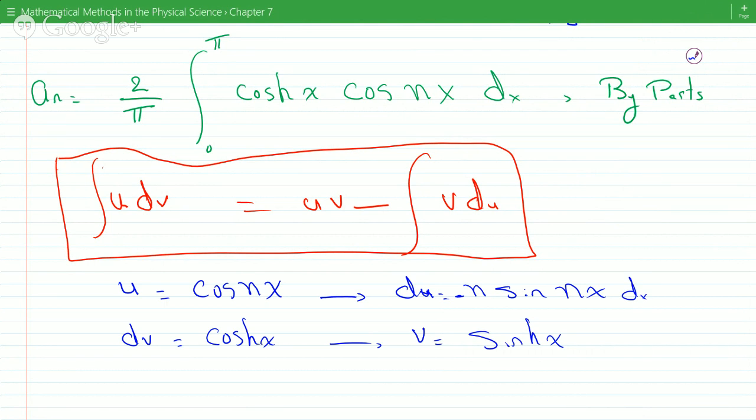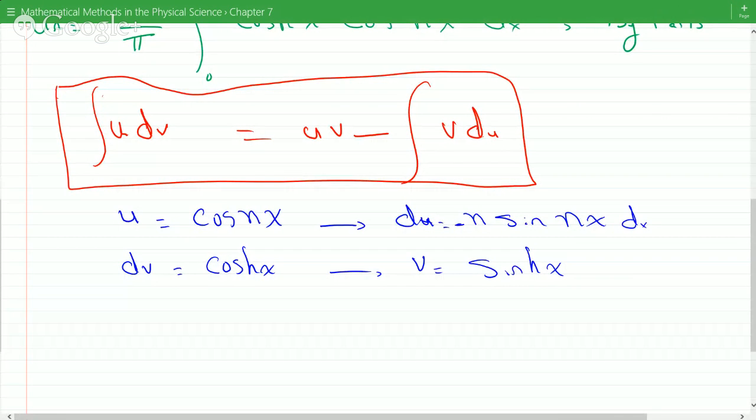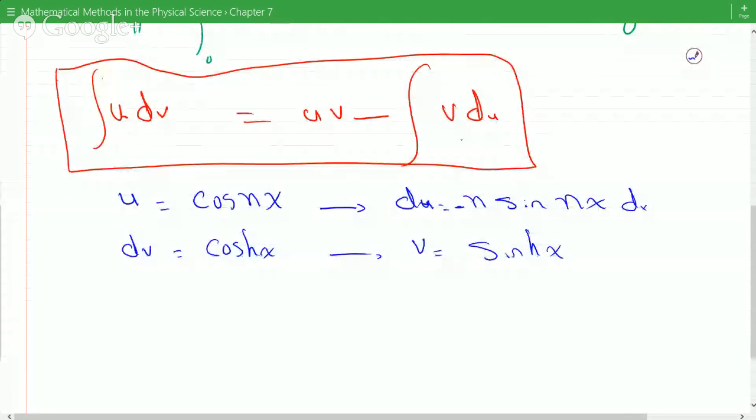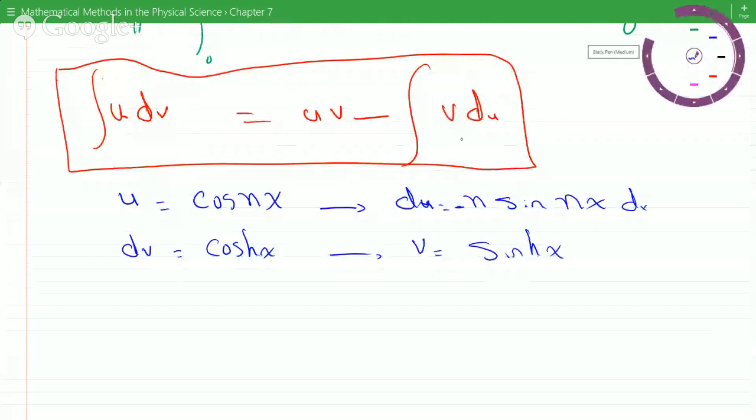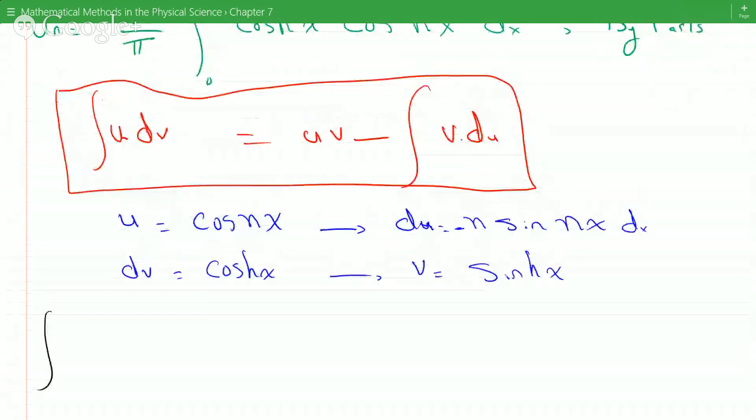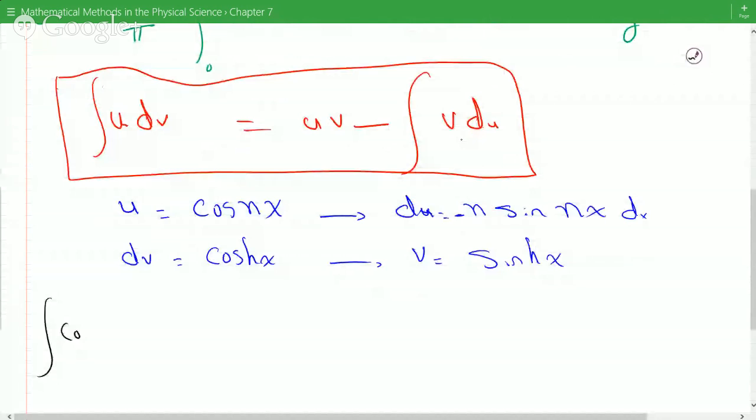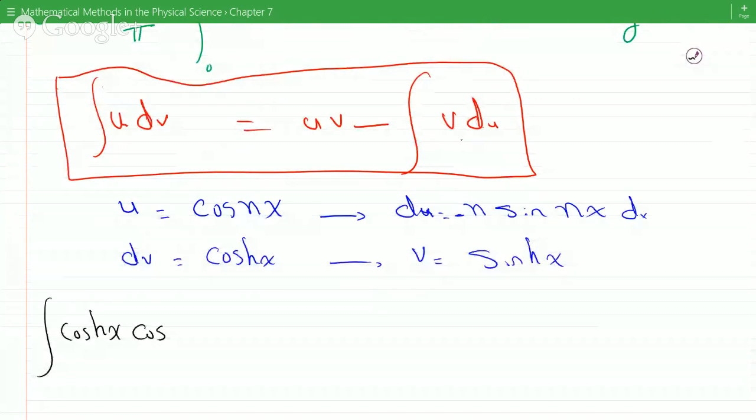Okay? So then your integral becomes: we have cosine hyperbolic x cosine nx. We will integrate and then at the end we will evaluate.